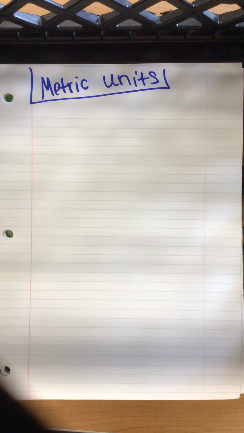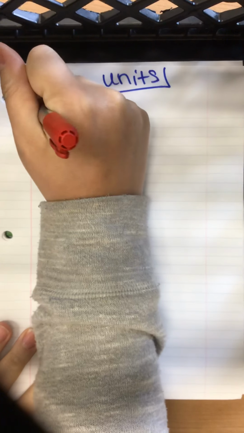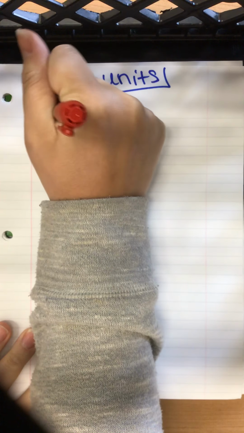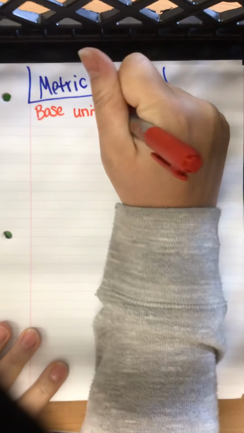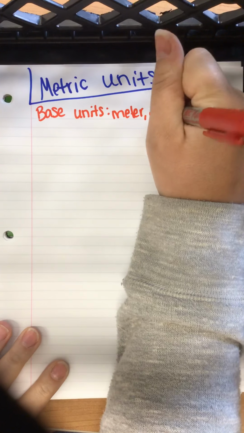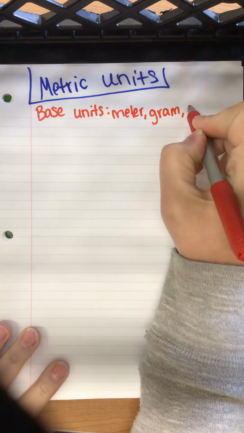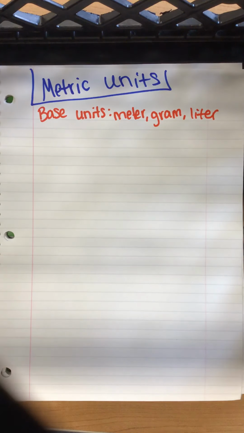When we talk about metric units, we're talking about 3 different base units. That's going to be the meter, the gram, and the liter.